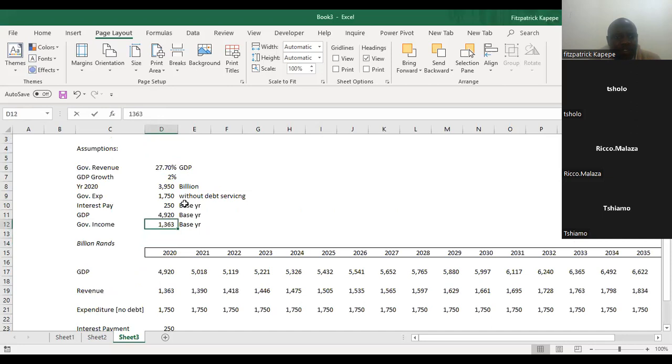So there's an amount that we do not have. This 3950 in 2019, what is it? Oh, it's national debt? Okay, so this is national debt.